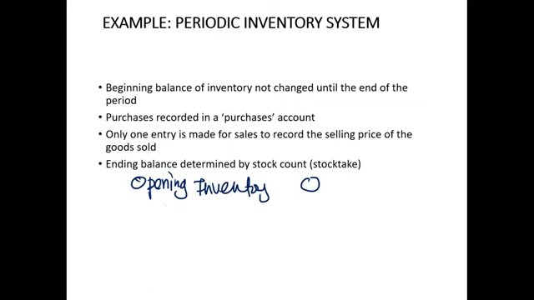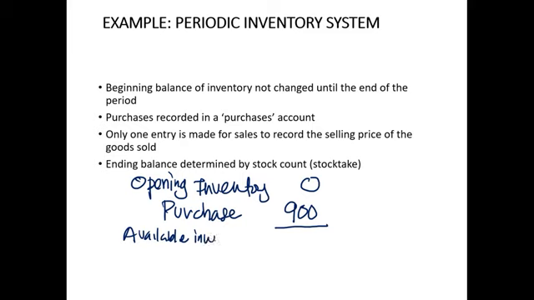Then during the year, you purchase inventory 900. Okay. So your available inventory for sale, I call it available inventory for sale, is 900.